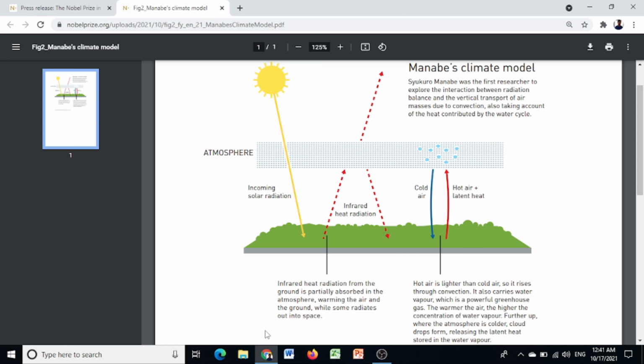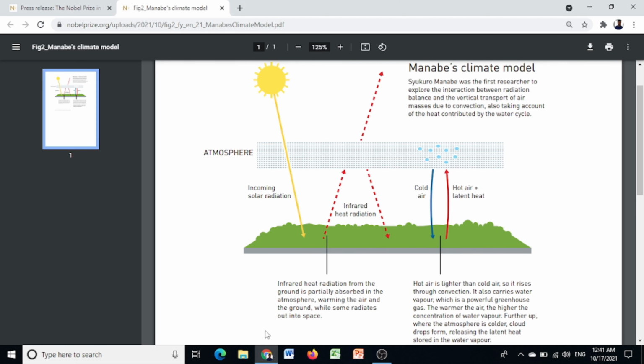Manabe developed a physical model of Earth's climate, exploring the interaction between radiation balance and the vertical transport of air masses, as well as the latent heat of vaporization. The most powerful greenhouse gas is water vapor, but we cannot control the concentration of water vapor in the atmosphere.